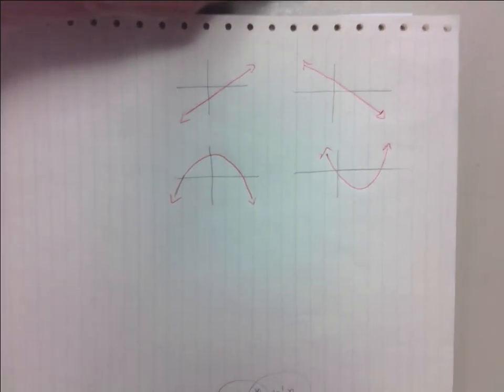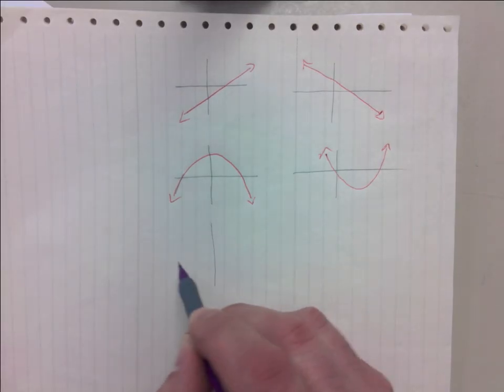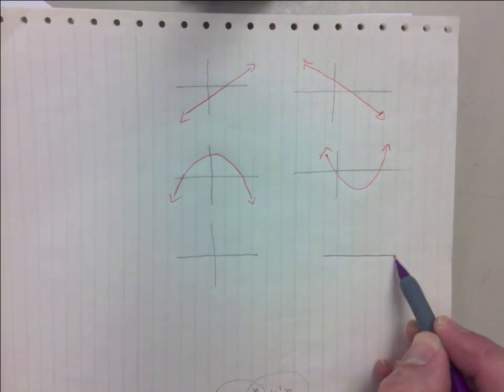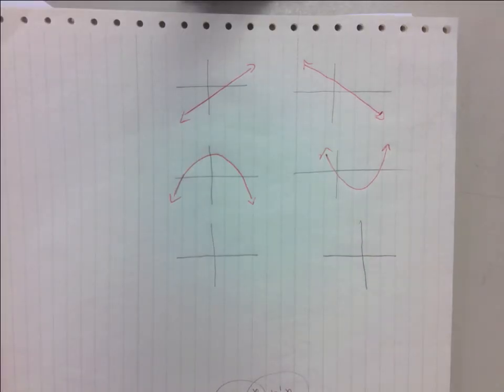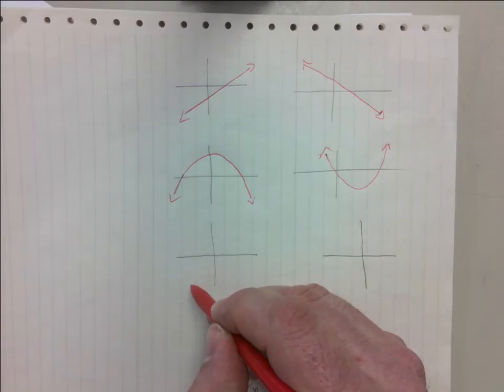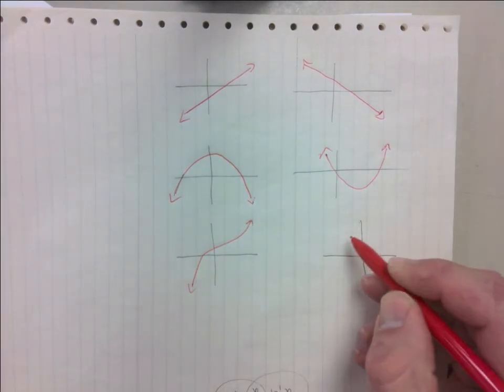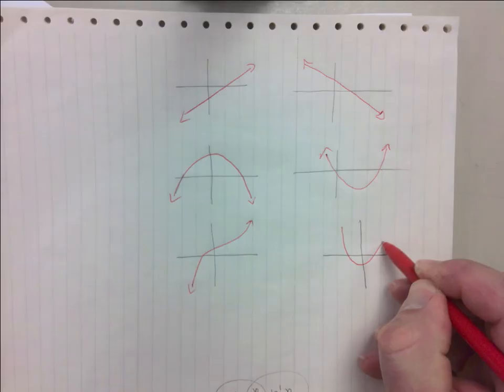I'm preparing you for word problems because that's where you're going to spend most of your time. Most of the marks are going to be associated with a word problem. Cubic may only have something like this, or it may have one of these.